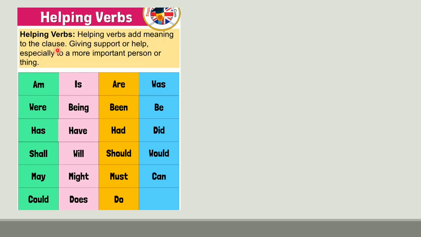You will learn about clauses a little later as you grow up, but right now we just need to know that they add meaning to the sentence, giving support or help, especially to a more important person or thing. So when these words help the verb and make the sentence sound better or correct, they are called helping words. Now there are so many helping verbs, children, but we are going to learn just a few.